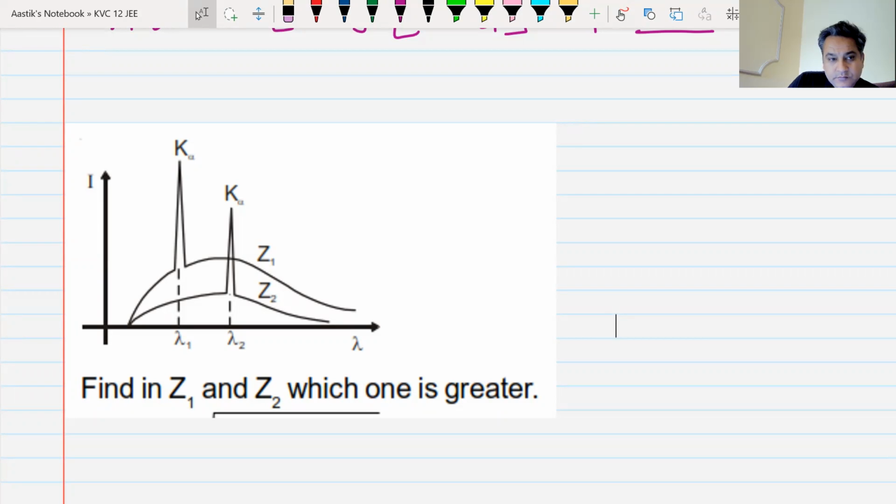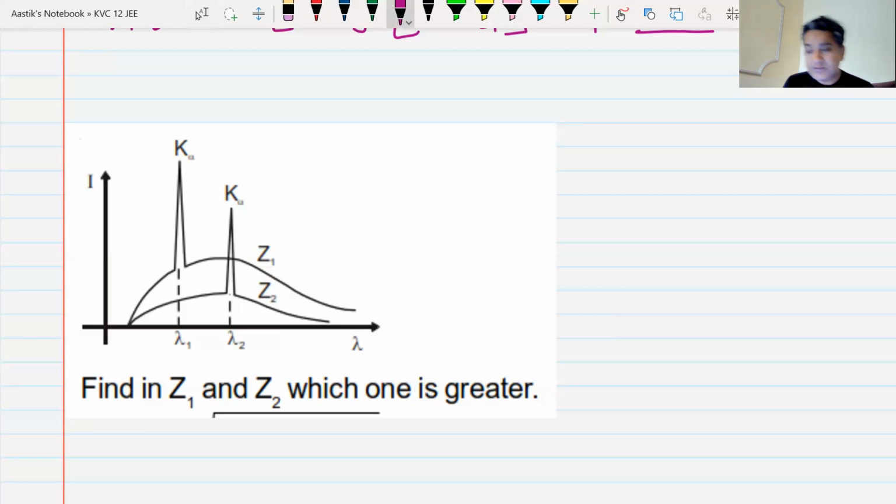Z2 is greater, sir. Z2 is greater. Why is Z2 greater? Z1 is greater, sir. Now, someone is saying Z1 greater, someone saying Z2 greater. The graph is between intensity and lambda, sir.